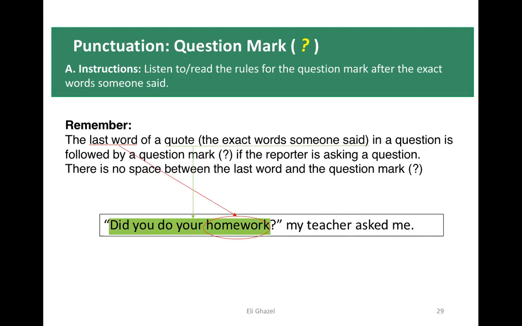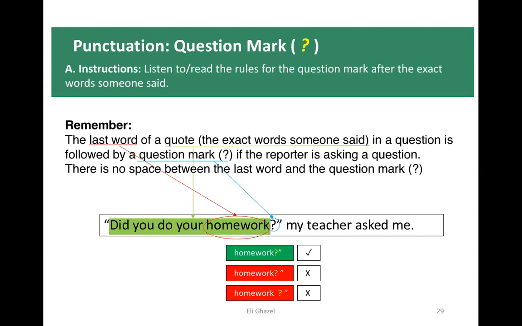Now, let's look at the punctuation. There it is. It's a question mark because it's a question. The sentence in itself, ending in "me" and a period, is not a question, but the exact words of the speaker, my teacher, were a question. So let's remember the rule: homework, question mark, quotation mark. Not homework, question mark, space, quotation mark, and not homework, space, question mark, space, quotation mark.